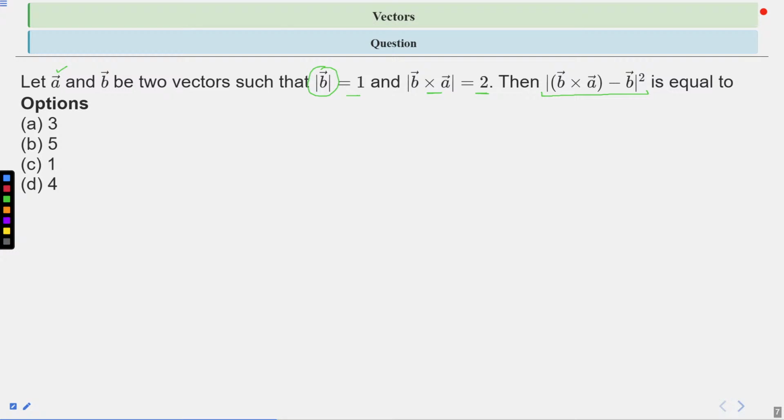So which one is the correct option? Option A is 3, option B is 5, option C is 1 and option D is 4. You have to calculate this value. So which one is correct? Solve the question.